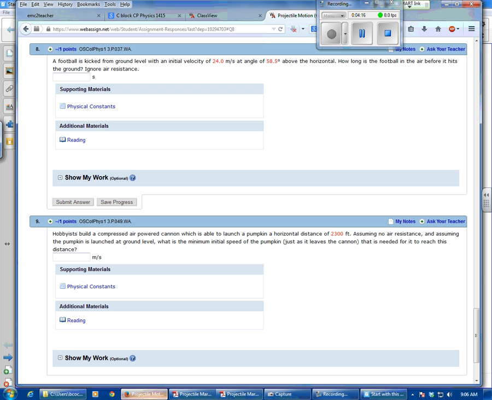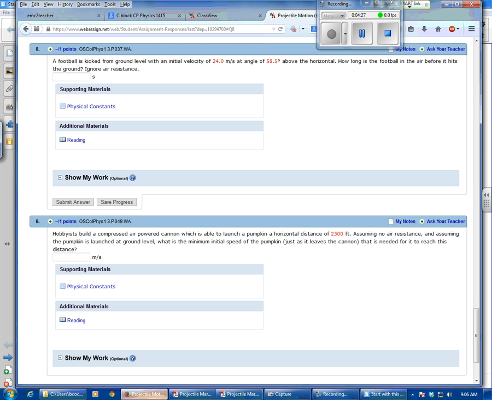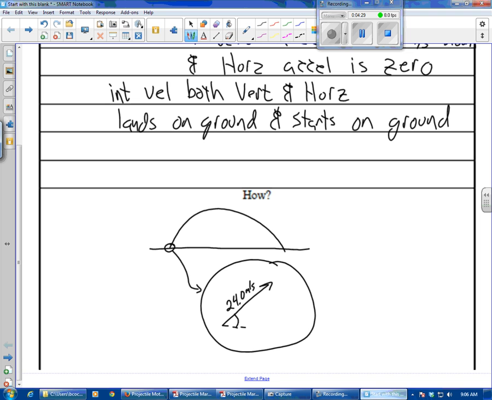It's 24.0 meters per second at an angle of 58.5 degrees above the horizontal. That's the initial velocity right at that beginning point. Does it continue in that straight line? No, because it's accelerating, it's curving.